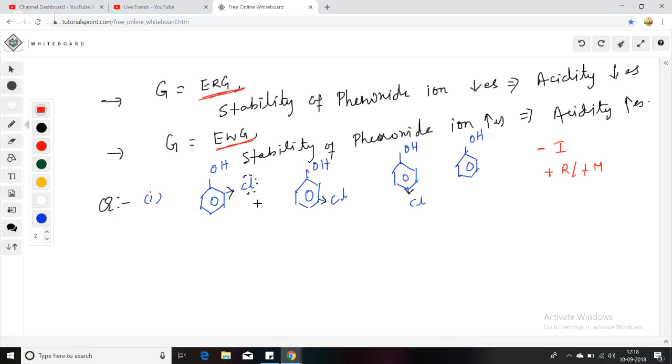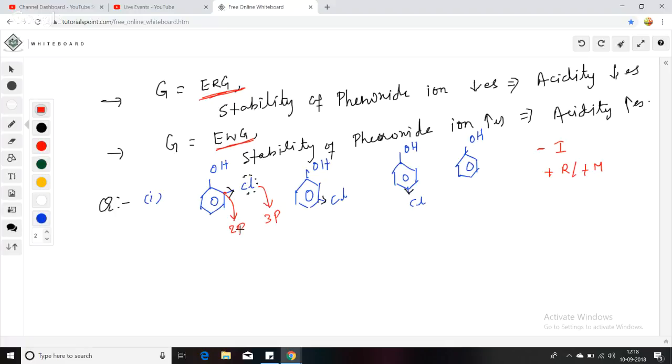Now the thing is, if you have plus R and plus M effect possible, you see this carbon has 2p orbital, second period element, and this chlorine has valence shell 3p orbital. Resonance is effective when the sizes of these two orbitals are comparable. 3p is comparatively bigger than 2p.